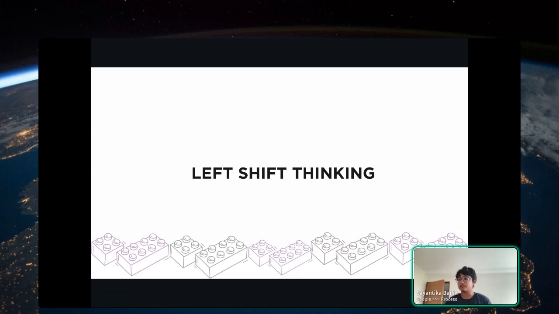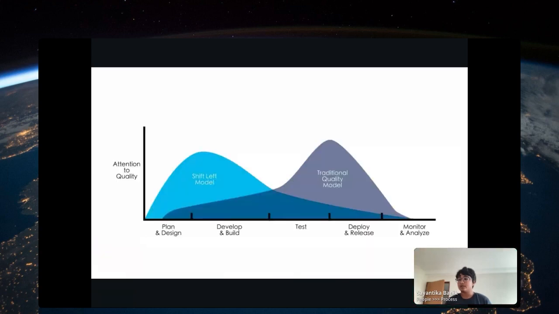Left shift thinking. It's not a concept that is new. It's been there for a long, long time, but it's resurfacing a lot. What is left shift thinking? Left shift thinking means we spend our utmost time defining what the design and plan look and feel like, with more attention to quality at the very initial stages.